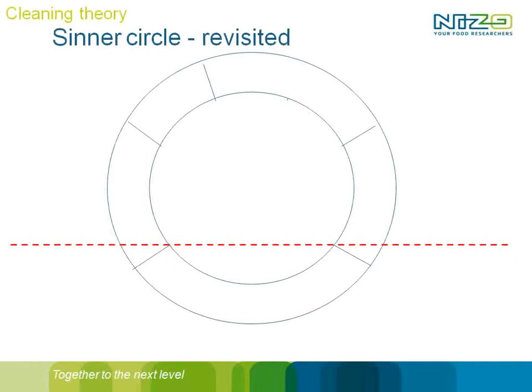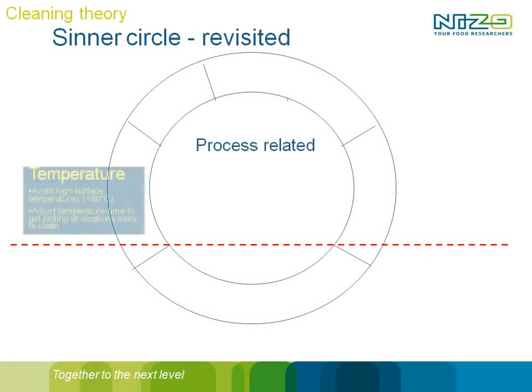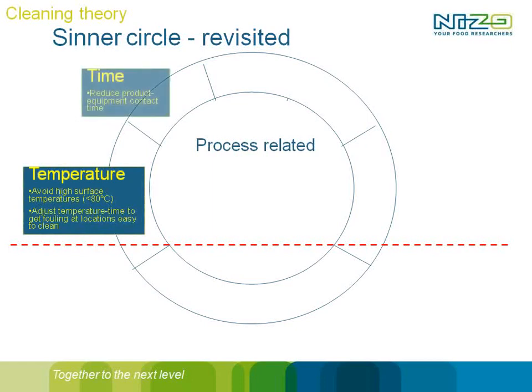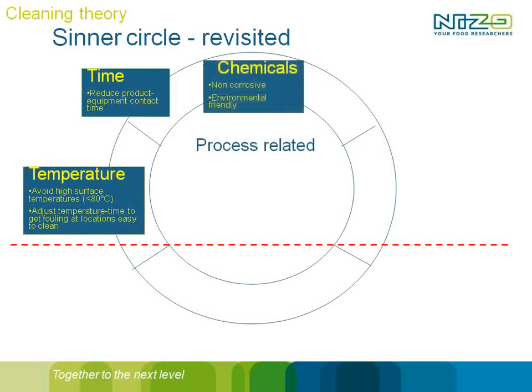So, a very short revisiting of the Sinner circle. I made some changes to it, and you'll see later on why. First, we have the temperature, and it's very important to avoid very high temperatures and adjust the time and temperature to the locations that are easy to clean.